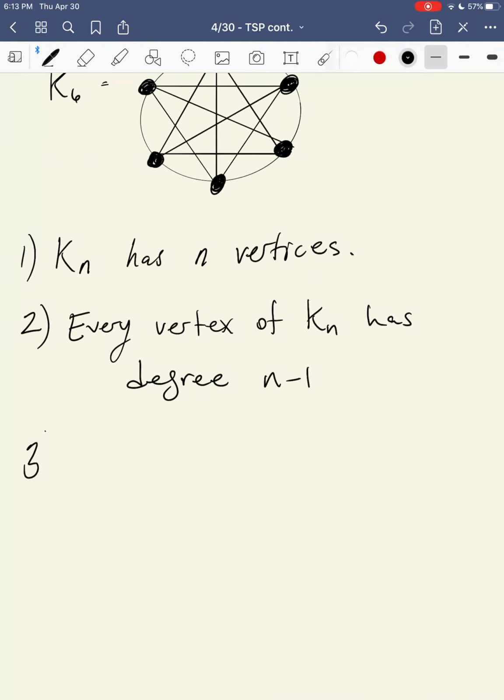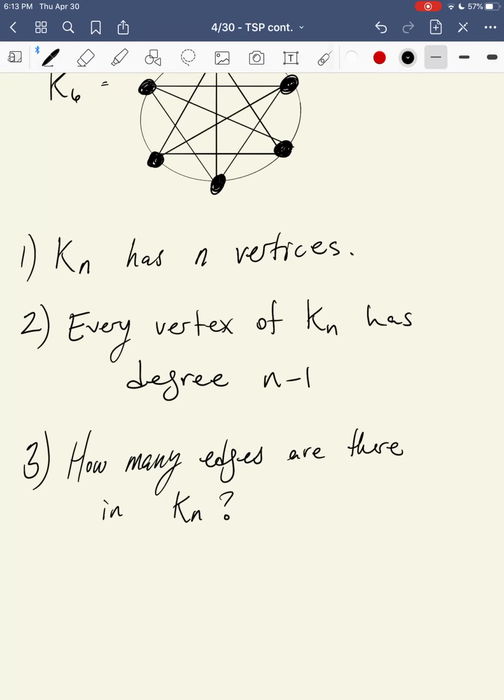Good. Third, a slightly more interesting question. How many edges are there in Kn? Well, remember the complete graph includes every possible edge.